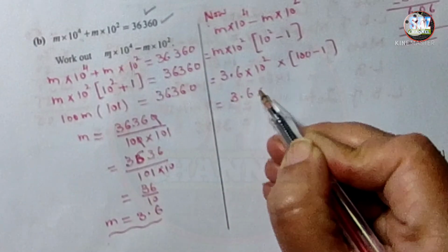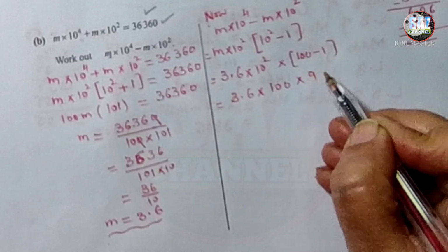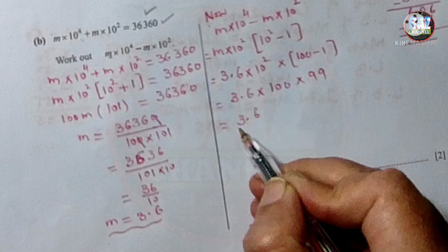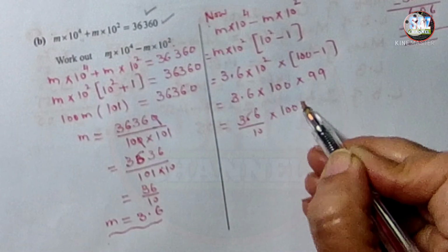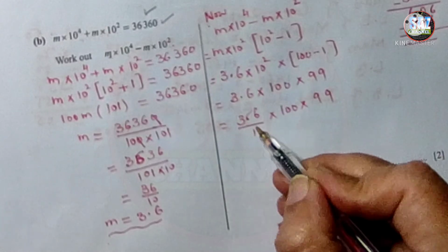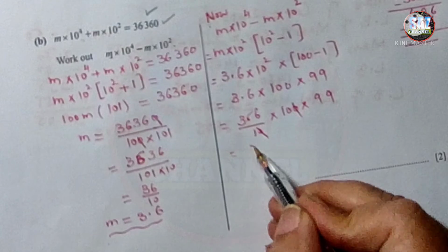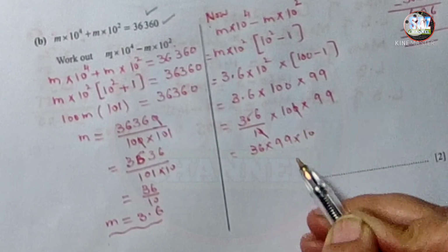So 3.6 multiplied by 100, 10 square is 100, multiplied by 99. Remove the decimal: 3.6 upon 10 multiplied by 100 multiplied by 99, remove 0, and I'm left with 36 multiplied by 99 multiplied by 10.